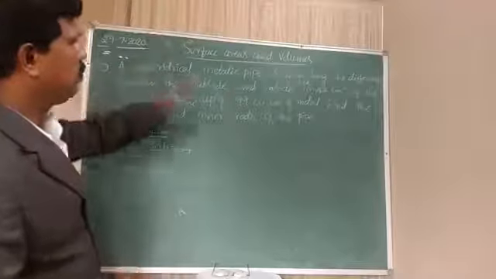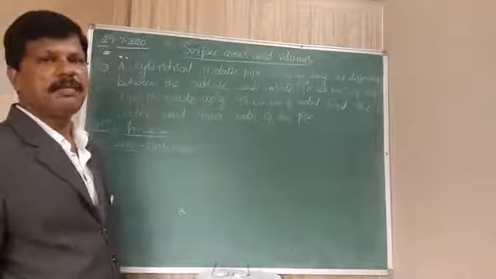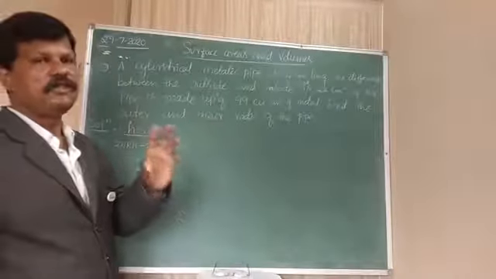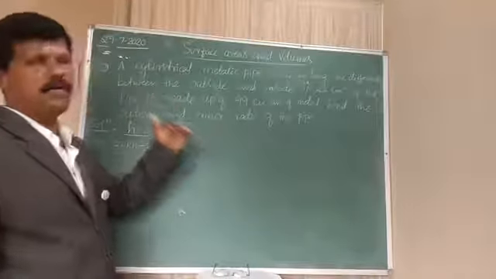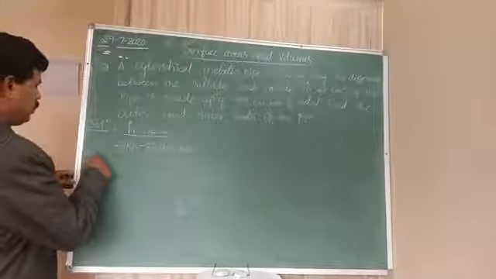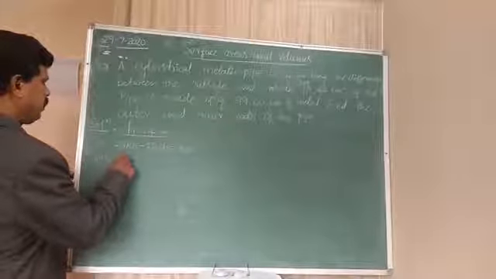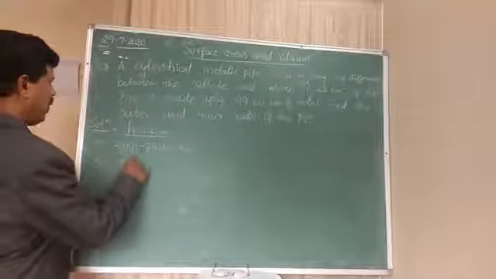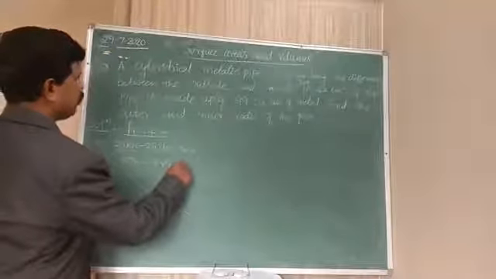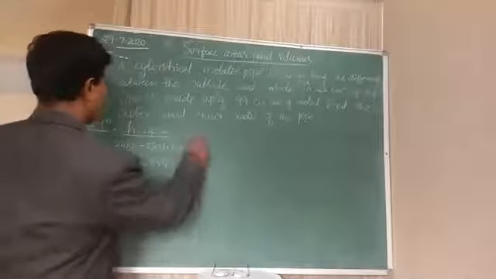If the pipe is made up of 99 cubic centimeter metal, first we should find the outer and inner volume. So that is the third one. They gave the volume: pi R square h minus pi r square h is equal to 99. These are the things they gave.